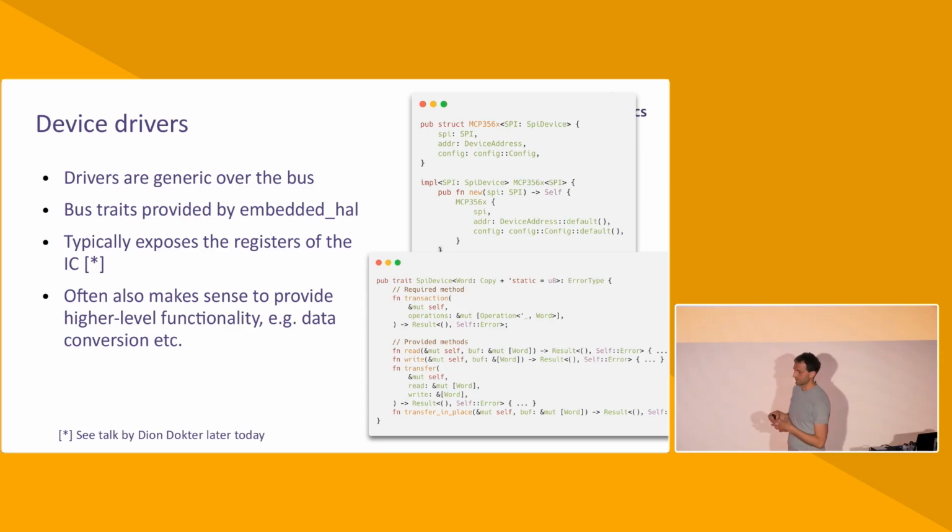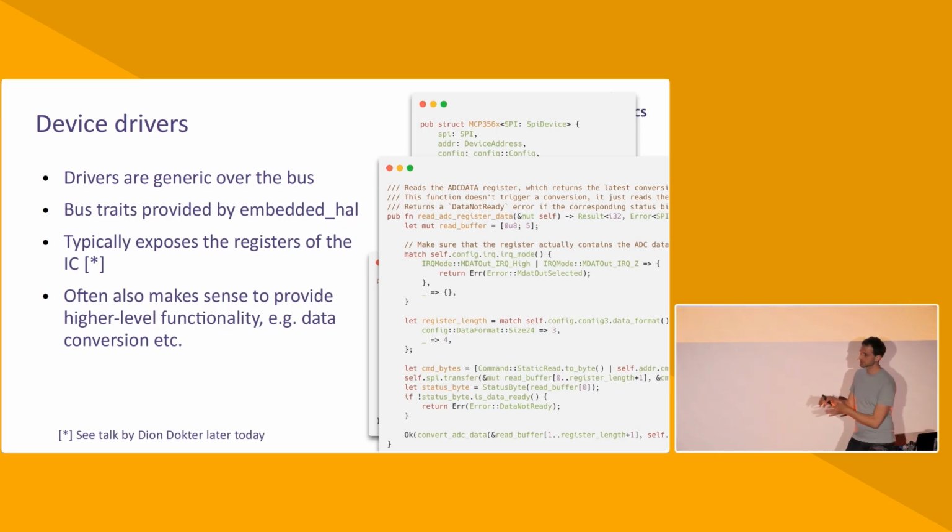Typically, the very least that you do is expose all of the registers that the chip offers you. There's also, I think, a talk later today that covers how to automate this using code generation. But often it also makes sense to provide some higher-level functionality. For the example of this analog to digital converter, you need to interpret the data that you get back in a certain way, or you need to do some logic around this.